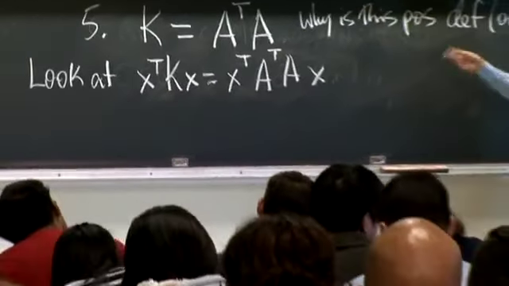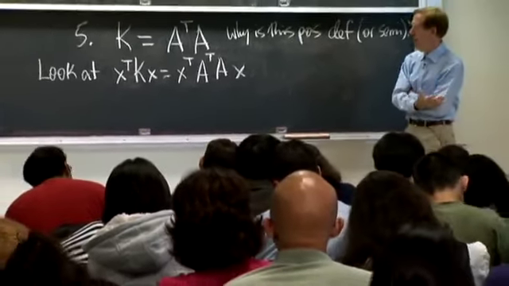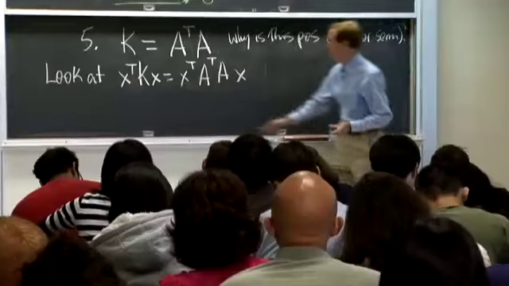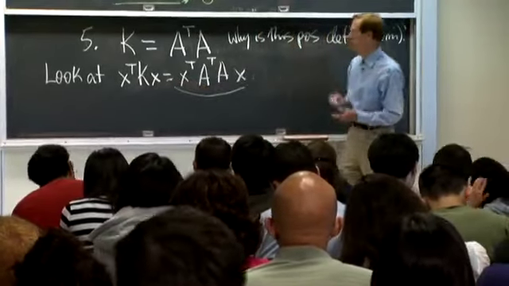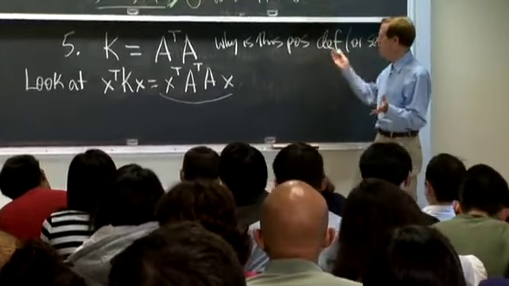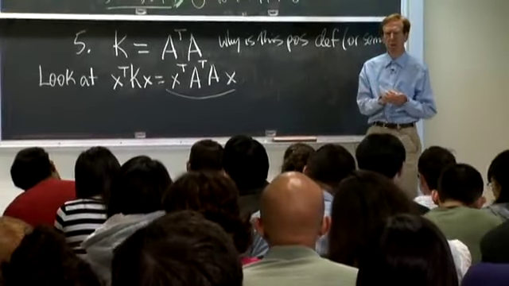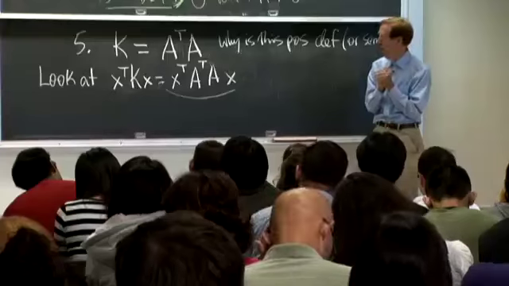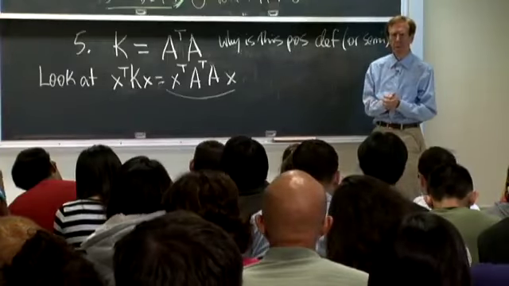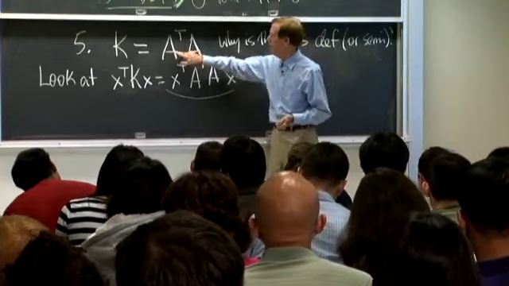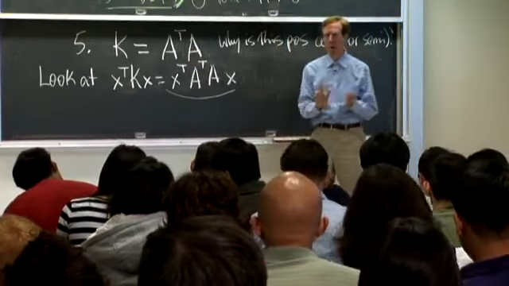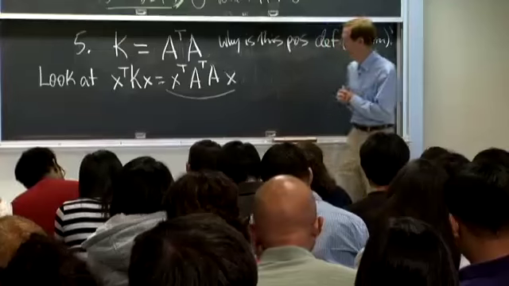If K is A transpose A, what do I want to discover and understand? Why it's positive. Why does taking any matrix and multiplying by its transpose produce something that's positive?